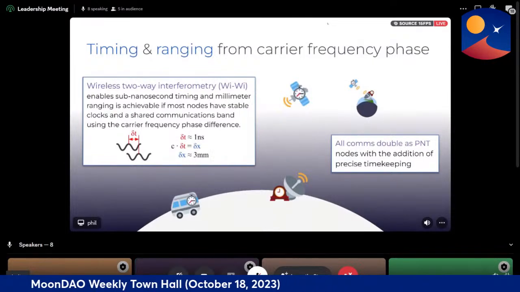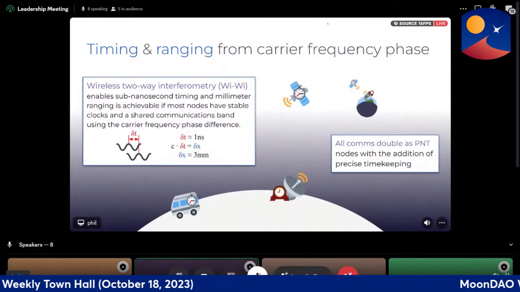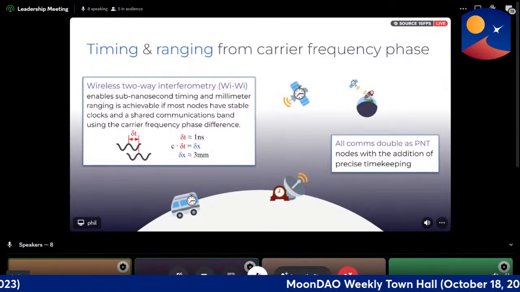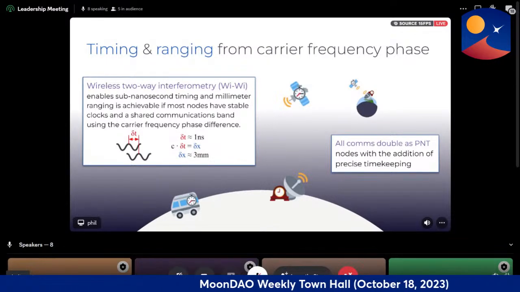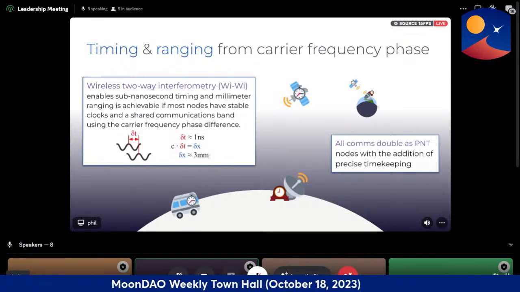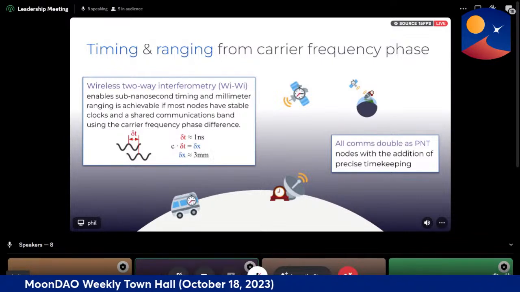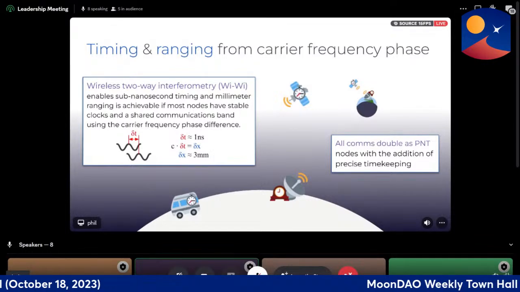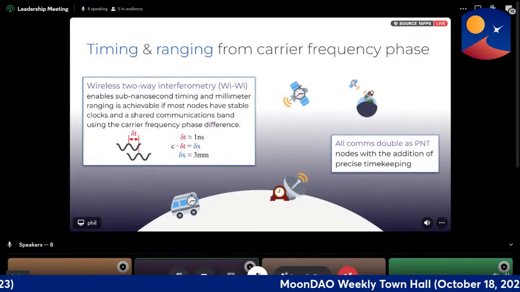So the basis for wireless two-way interferometry, or YY, is that it uses the phase of the carrier frequency of a communication signal.